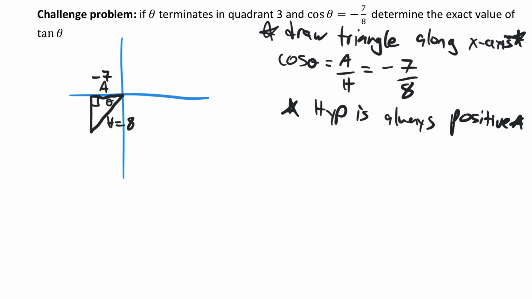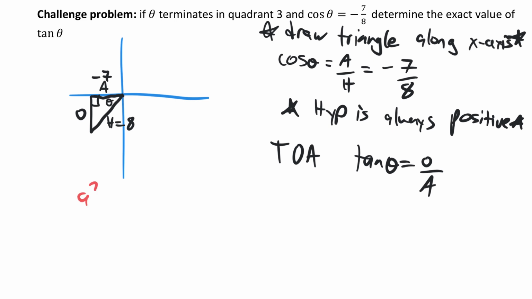All right, so we're almost working backwards. We know that cos theta is negative 7 over 8. That allows us to draw a little triangle with sides of negative 7 on the x side and 8 on the hypotenuse side. Now, can we do that to find tan? Well, tan is TOA, so tan is opposite over adjacent. But opposite's over here, and we don't have the opposite side. Oh, man. But that's okay.